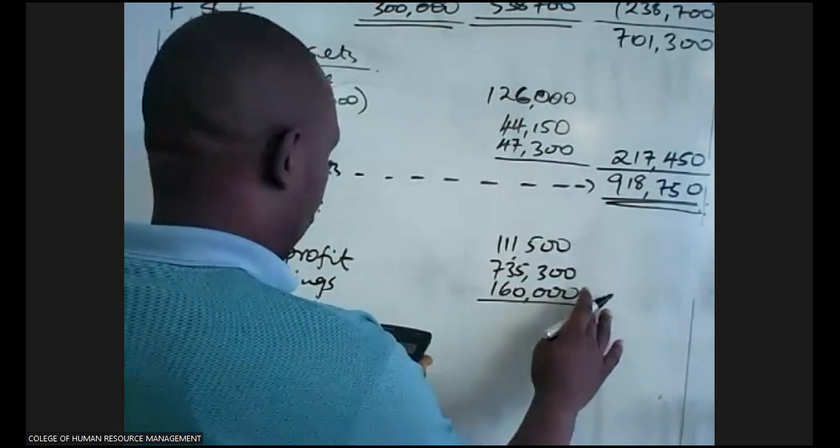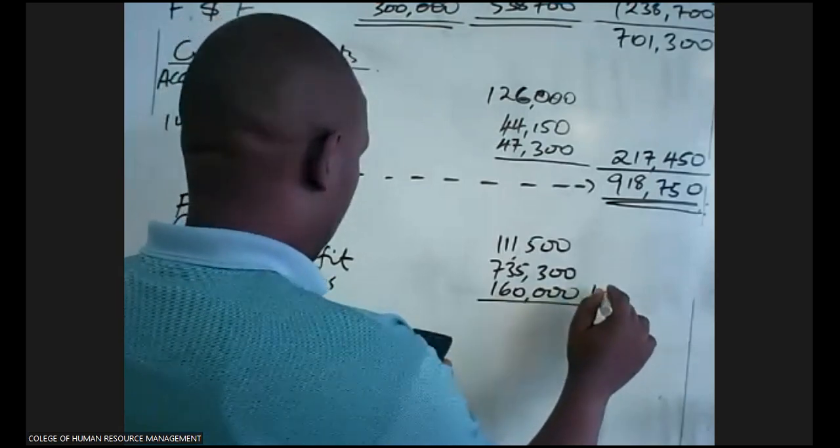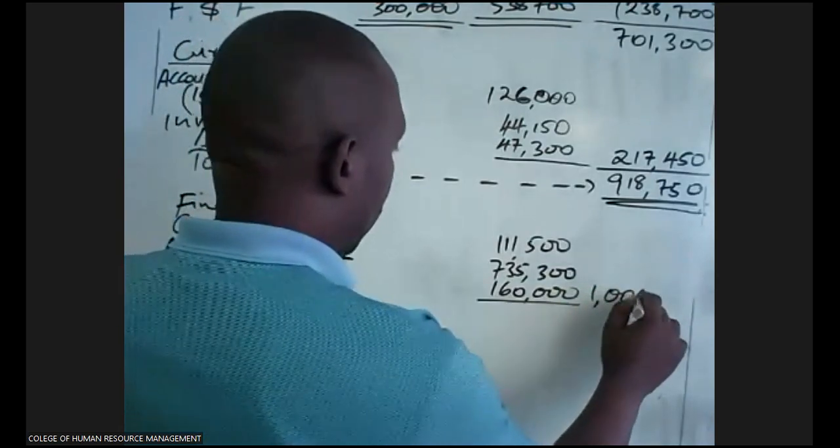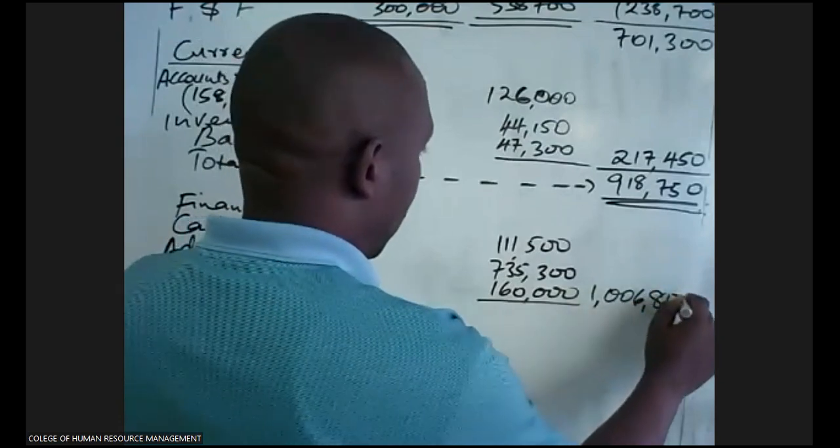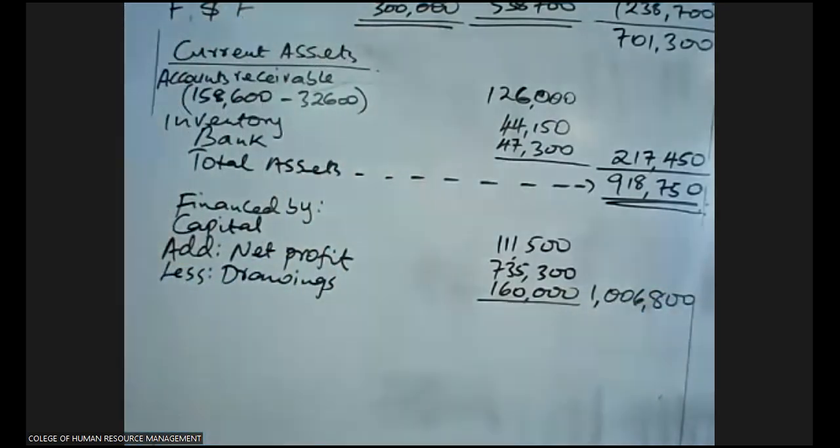We get here 1,006,800 closing capital. We have a long-term liability. You look whether there is a bank loan there. And it's like we don't have a long-term liability. We don't have a bank loan.